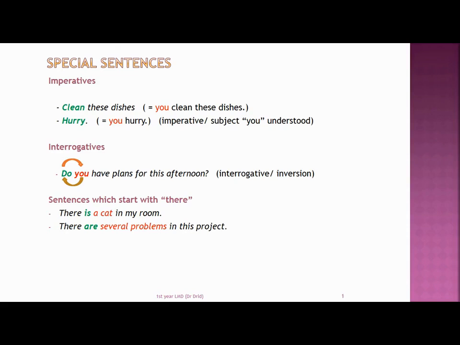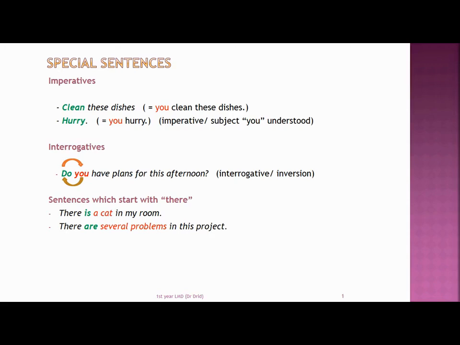These are commands and sometimes requests. When you ask someone to do something, we notice that they start with the verb. You may ask, what is the subject? They are complete simple sentences. Here, the speaker means you clean the dishes and you hurry. So in the imperative sentence, the subject is always you. It is understood.